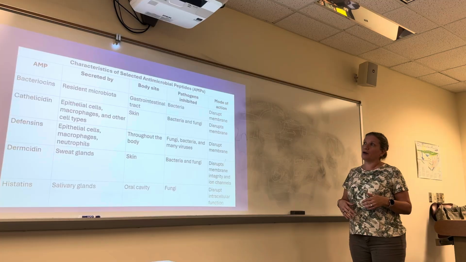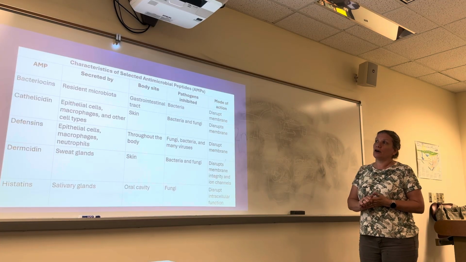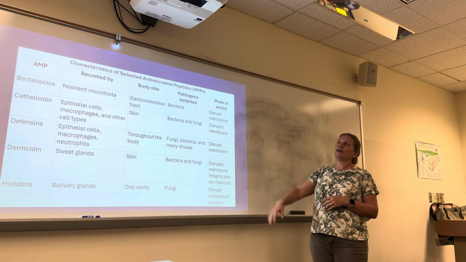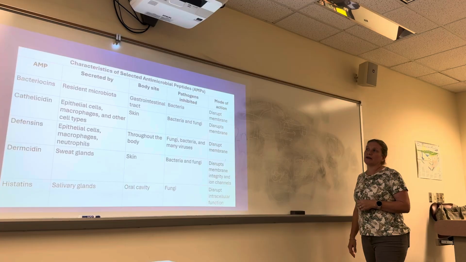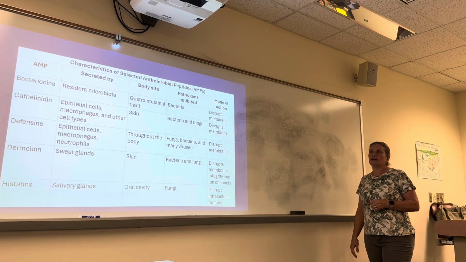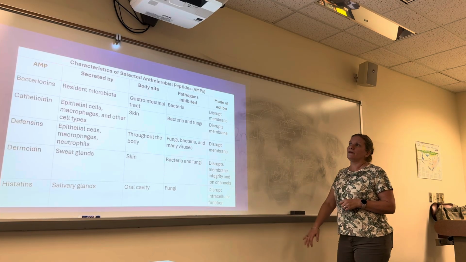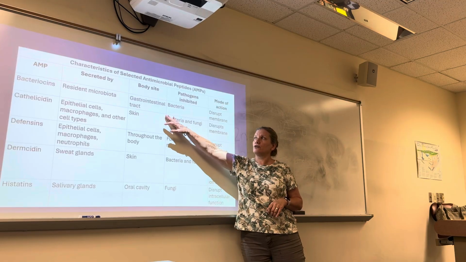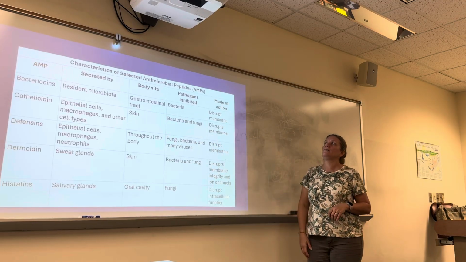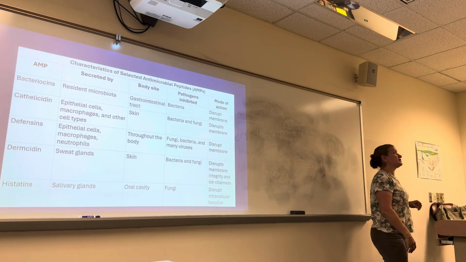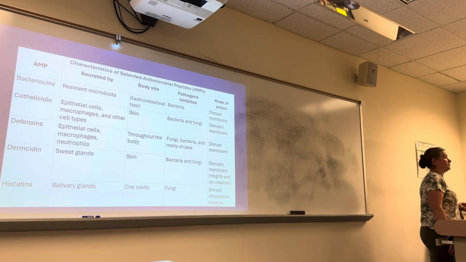So a couple examples that your text has brought up would be our bactericidins, right, produced by some of our resident microbiota. And so that's going to be found in the gastrointestinal tract, and it's going to affect the bacterial cells by disrupting their membranes.